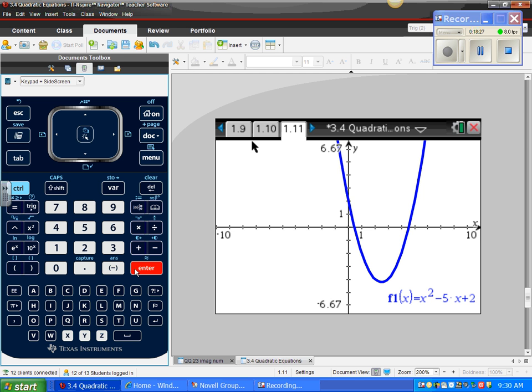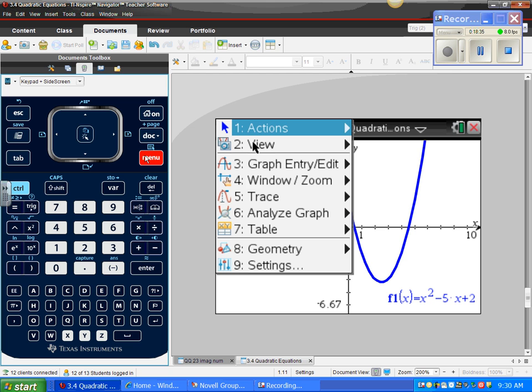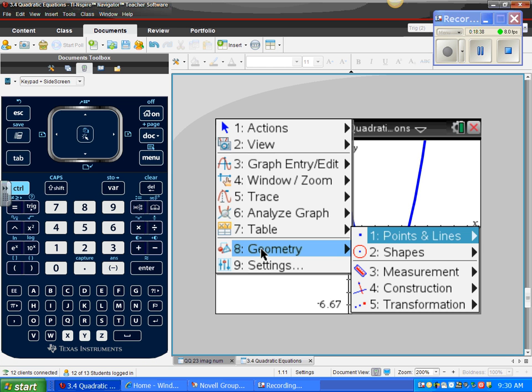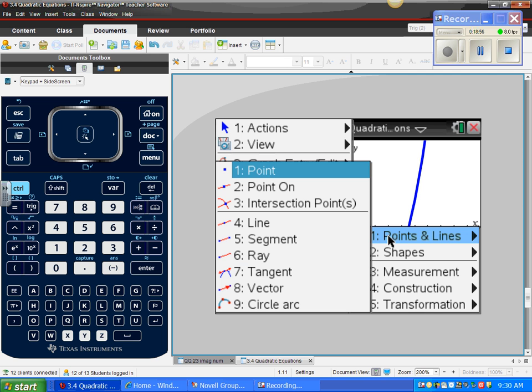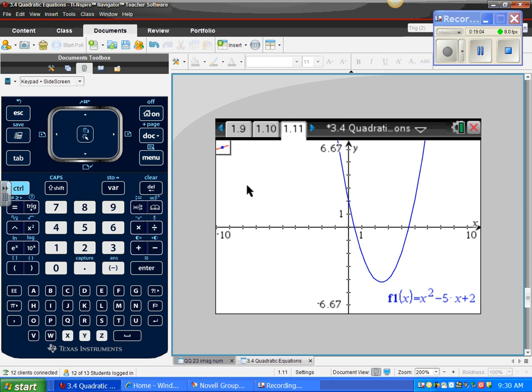Now again, what I'm looking for is the roots. How do I get the roots? Where it crosses the x-axis. Menu, geometry. Do you have it graphed? Okay, so you're going to do menu, geometry, points and lines, and select point on.